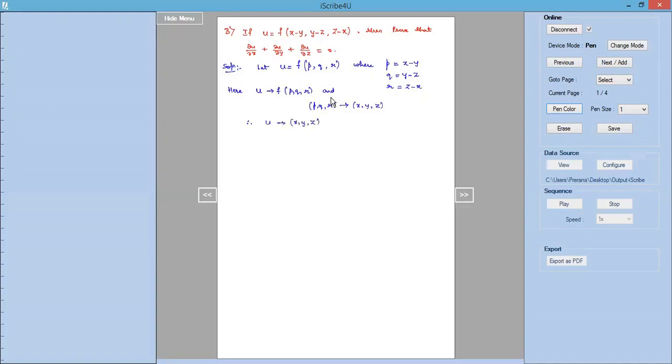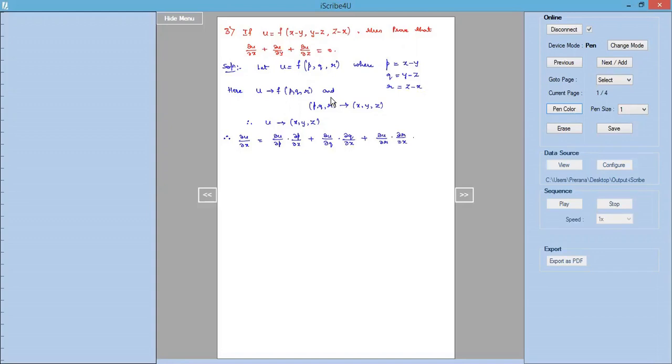Hence the partial derivatives dou u by dou x, dou u by dou y, and dou u by dou z exist. So let us write down now the formula for each one of them. So dou u by dou x will be equal to dou u by dou p into dou p by dou x plus dou u by dou q into dou q by dou x plus dou u by dou r into dou r by dou x.